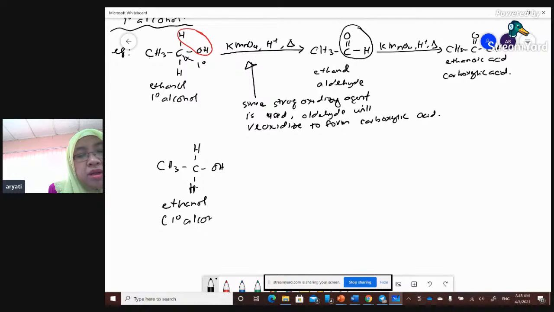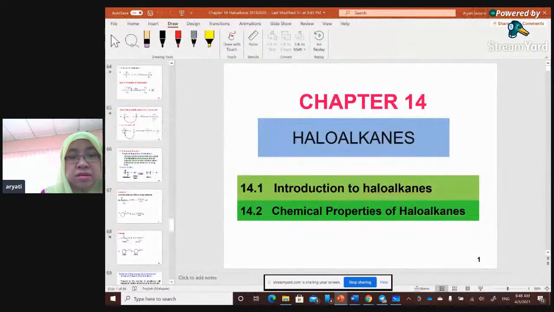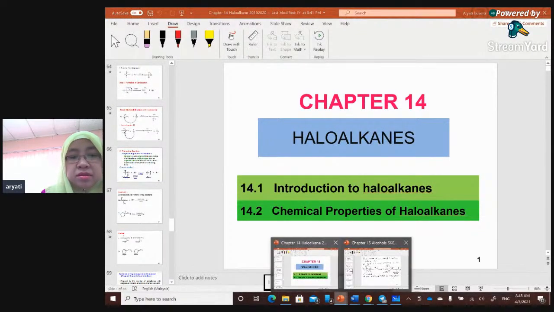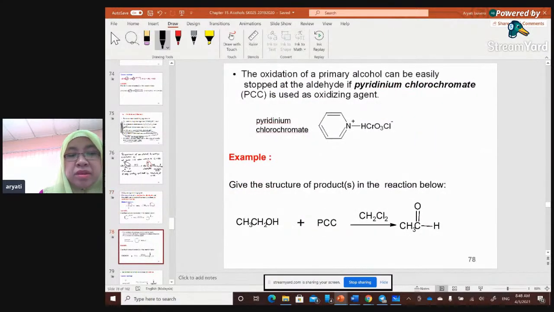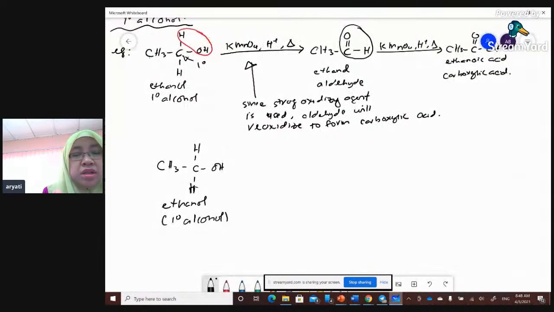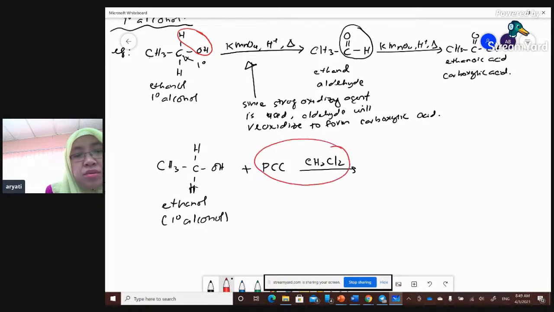Primary alcohol reacted with PCC in CH2Cl2. Okay, please remember, PCC in CH2Cl2 is a type of weak oxidizing agent, sejenis agen pengoksidaan yang lemah.